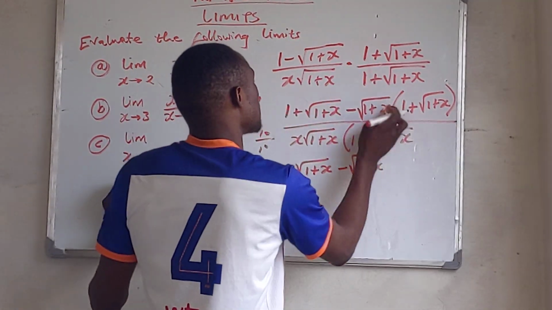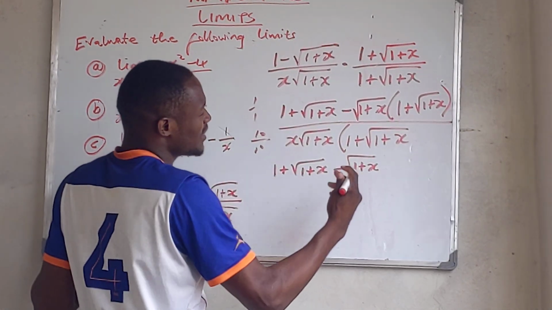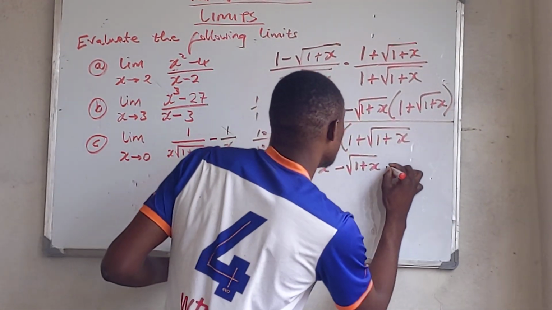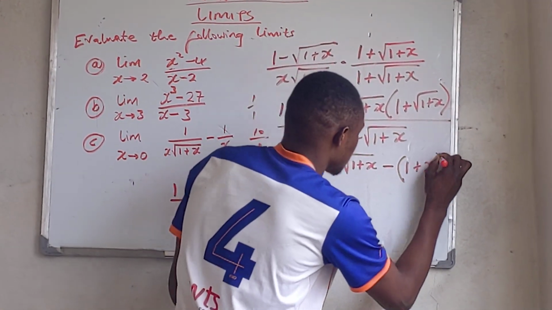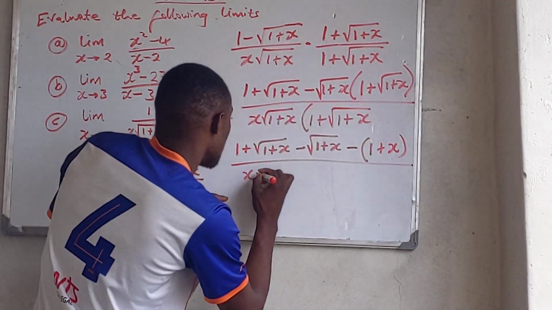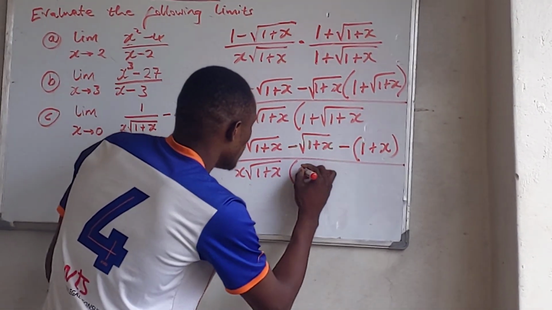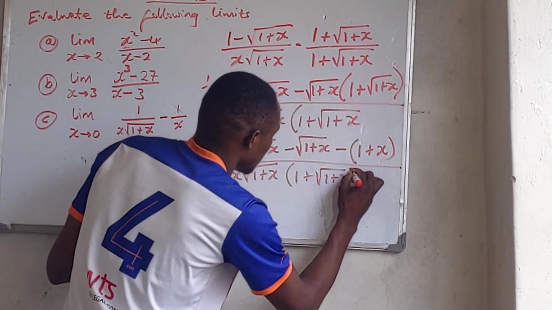So in short, we just remove the square root and leave out the values which are under that root. So we have, remember it is negative, so negative open bracket 1 plus x, like that, divided by x root 1 plus x open 1 plus root of 1 plus x.